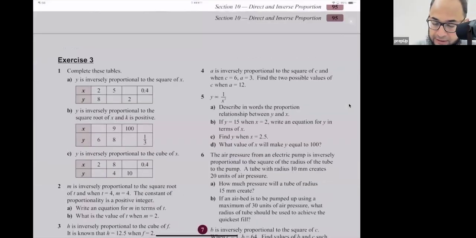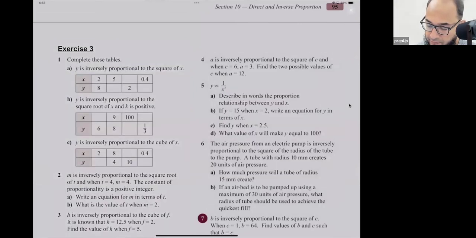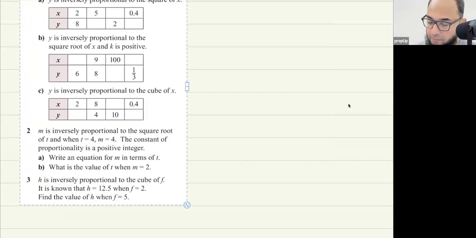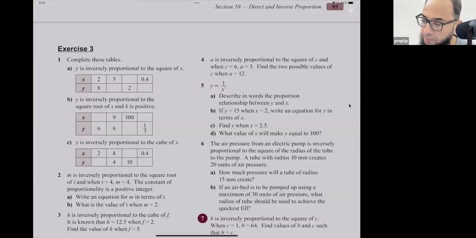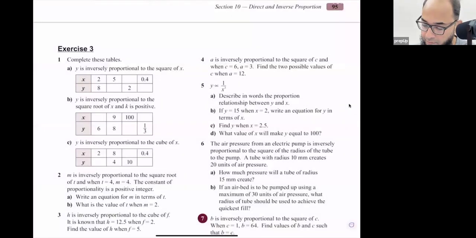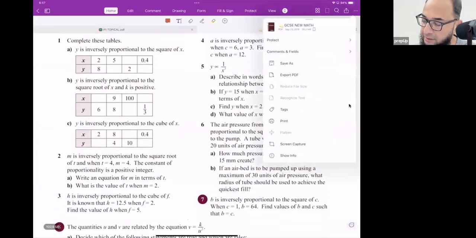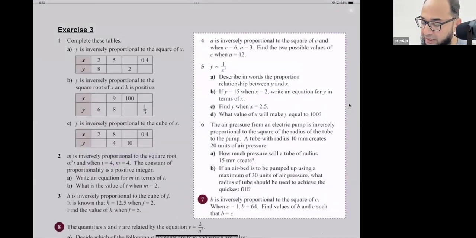So this is exercise 3. Let me select a few questions, and I would like all these questions solved for the next class.